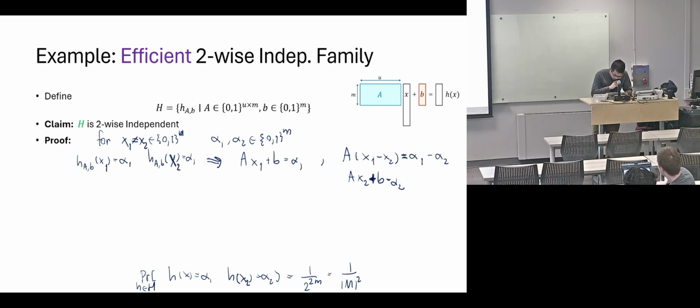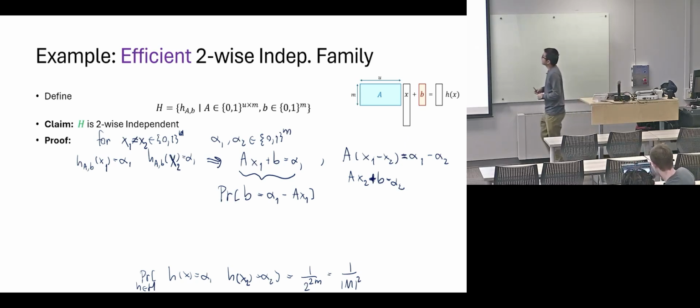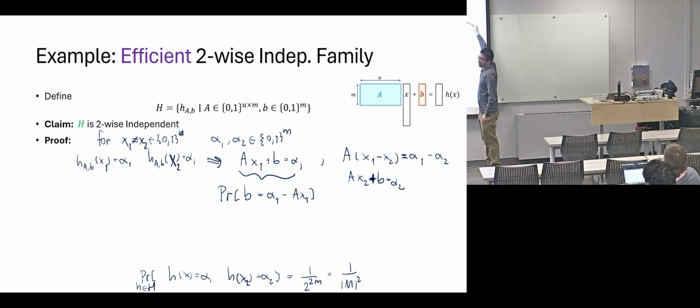And now, the probability that this thing happened. What is the probability that B equals alpha 1 minus this? We know that we sample H from the family, so B is just a random vector of size m, a 0-1 vector of size m.